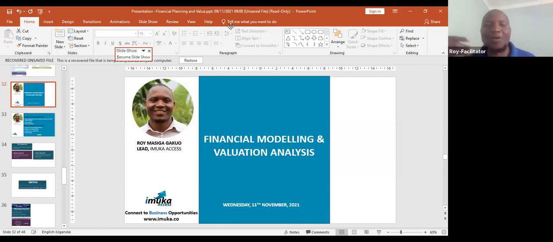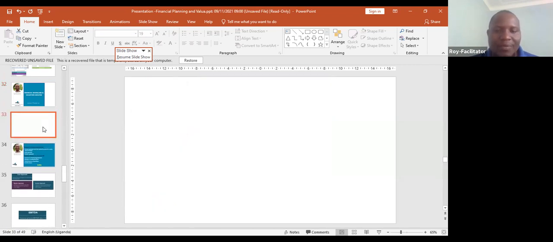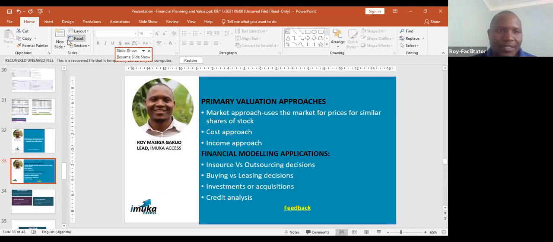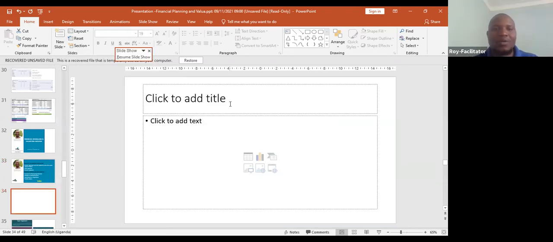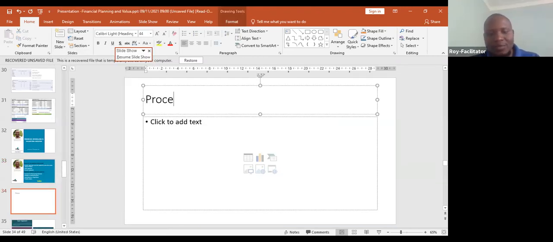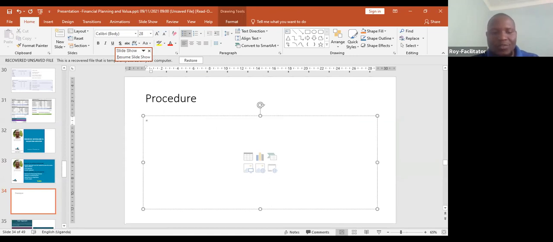For those who wanted to know how to do it, you have to start with the procedure, which I can type down here. The procedure is not very simple. When you are projecting, you have to know your revenue projections, because that is the key.